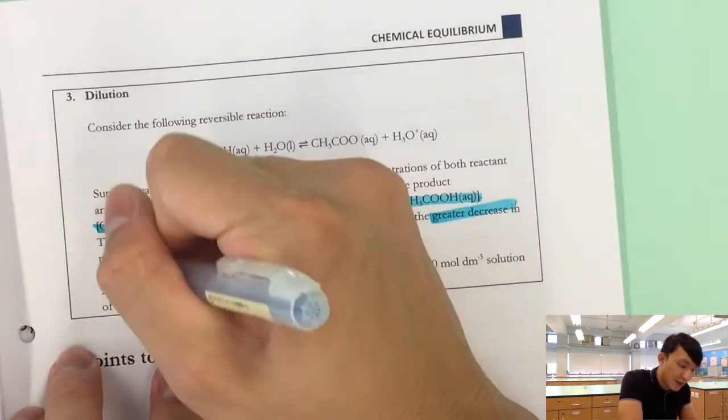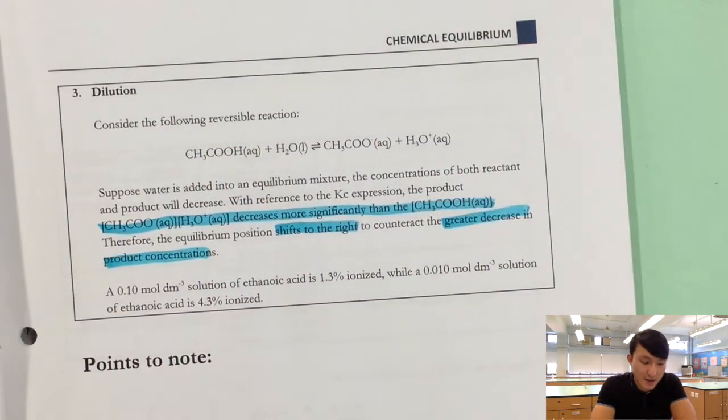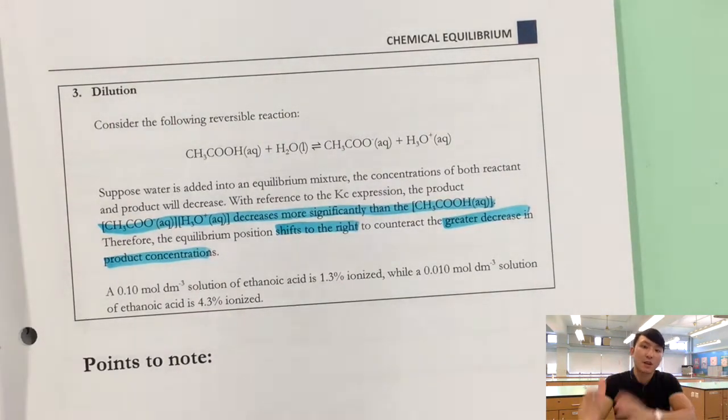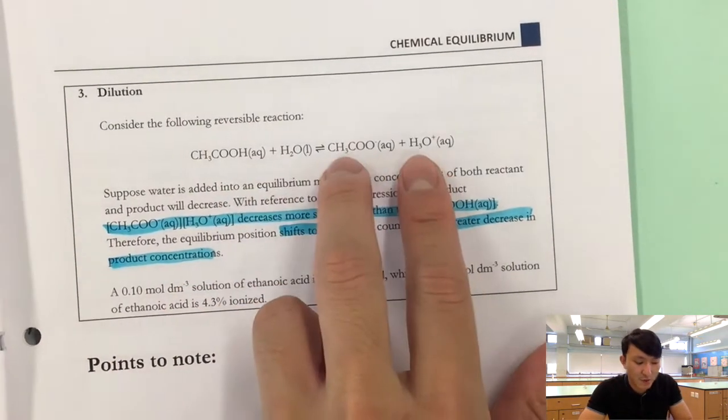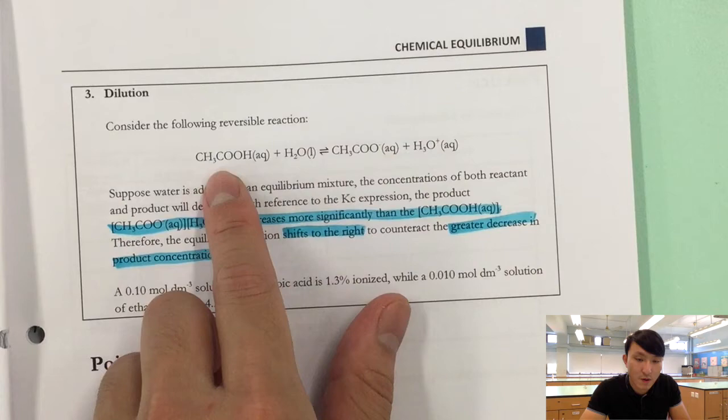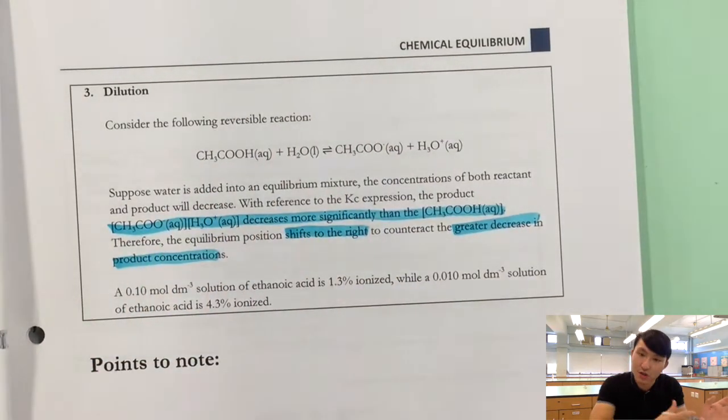Okay. Another way of saying it is that when you add water, you are lowering the solute concentration. So you want to increase the solute concentration. You want to shift the equilibrium to the side where you can produce more solute. In this case, we have 2 moles of solute on the right, but 1 mole of solute on the left. So that's why it will shift to the right-hand side.